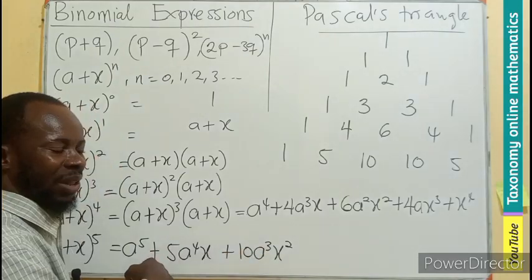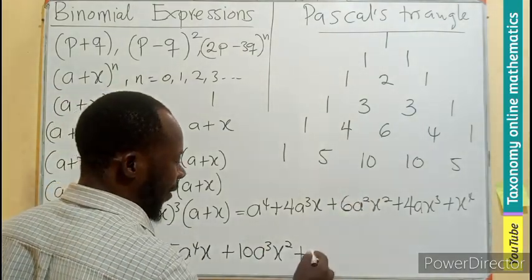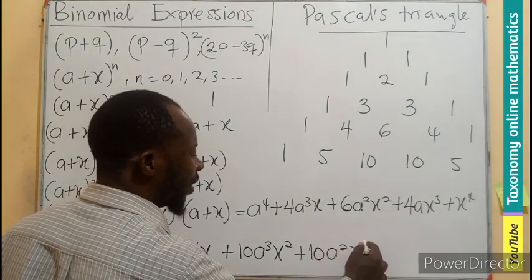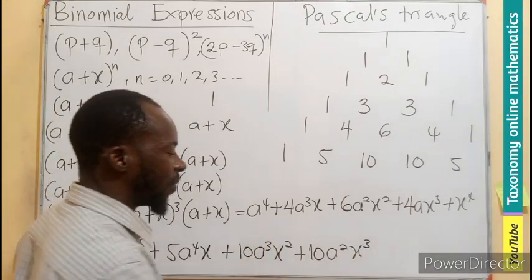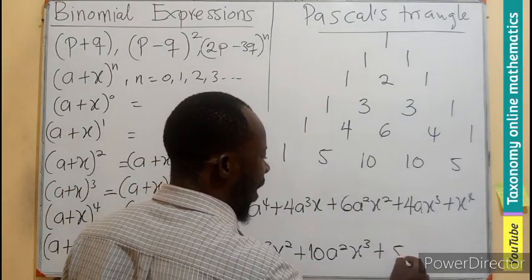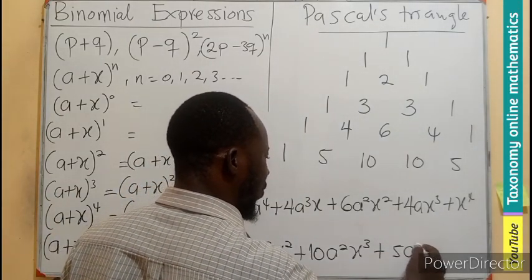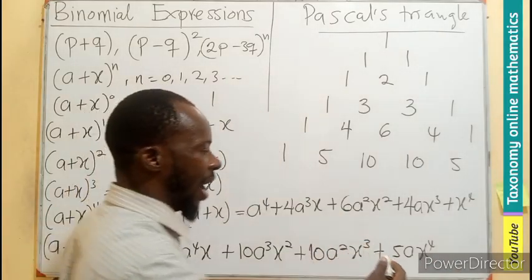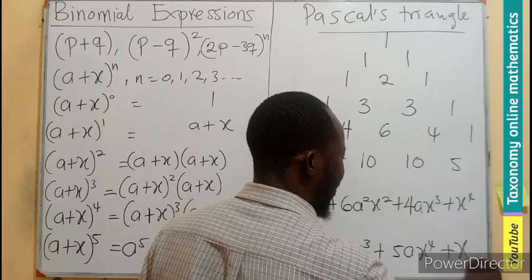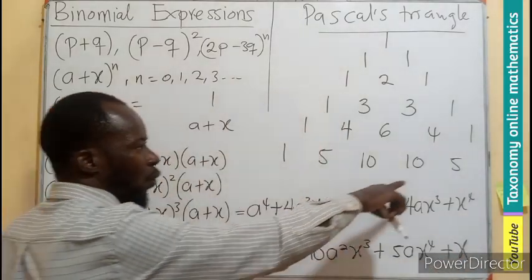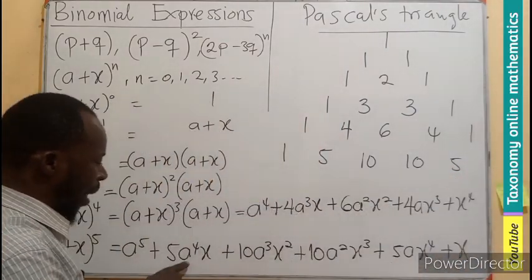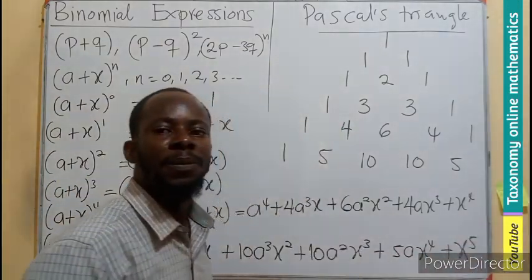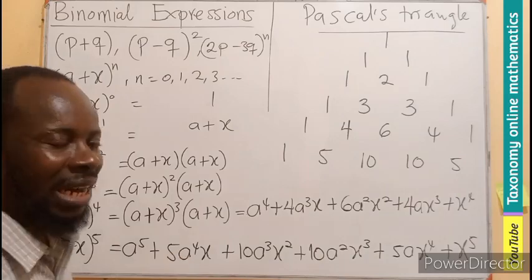So that when I add, I get 5. Plus 10, a exponent 2, x exponent 3. You add, you get 5. Plus 5, a exponent 1, x exponent 4. If you add the powers, you still get 5. Plus x, the last coefficient, 1, x to the power 5. So that's the generalization that we have.